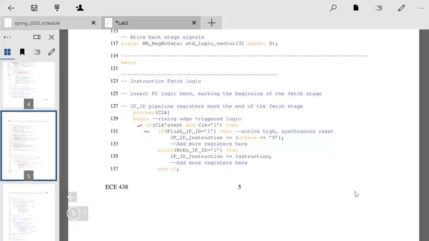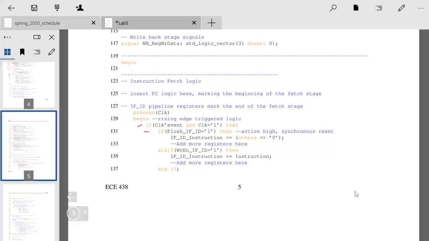So it's up to you. If you want to set that to 0 when the flush IFID is asserted, you can. If you don't want to, you don't have to. We only need to flush control signals, and specifically, only the control signals that write state to the processor.